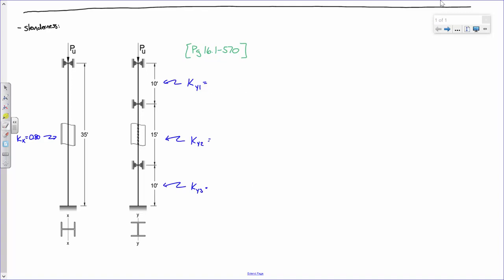What's our K value going to be for this boundary condition? 1, right? What about for 2? 1, right? What about for 3? 0.8. Does everybody see that? So this is 1, 1, and 0.8.